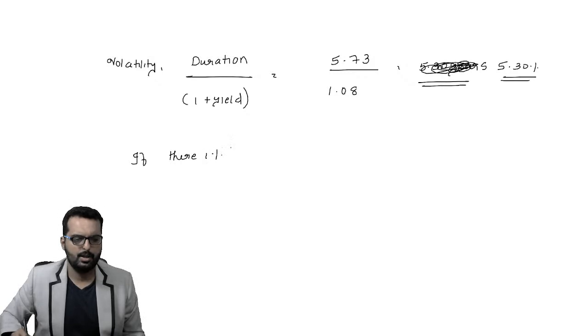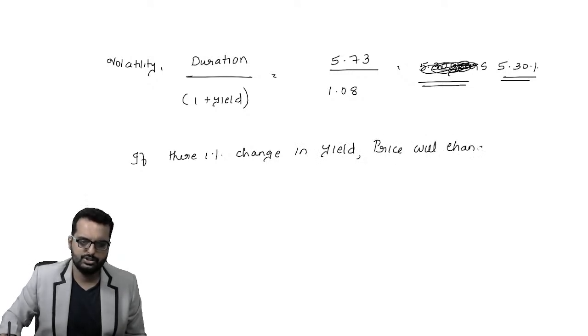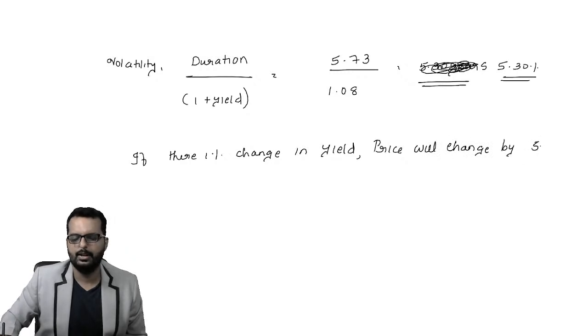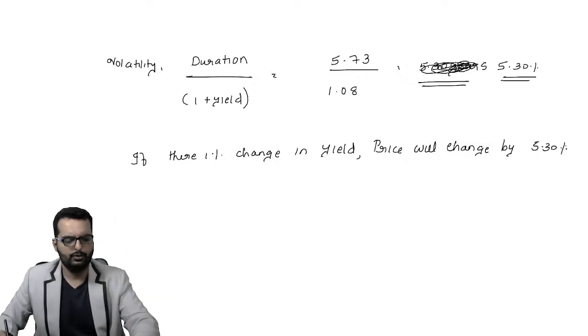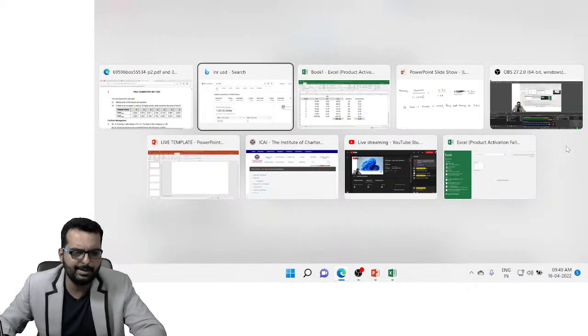Which means if there is 1% change in yield, price will change by 5.3%. So here they're asking for 35 basis points.